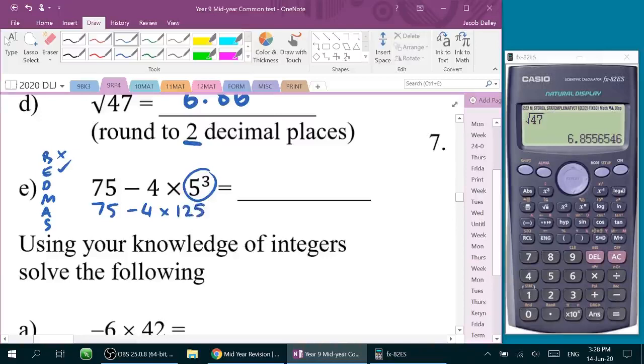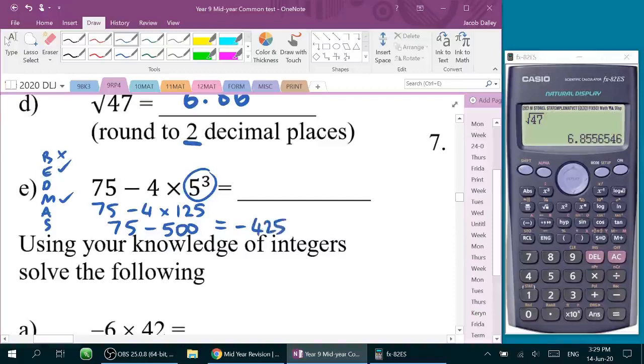So that would be the first step, and then the next step is multiplication. So you forget about the minus, just leave it there for the moment. So we do multiplication next, so 4 times 125 is going to give you 500. And then 75 minus 500 will give you negative 425.